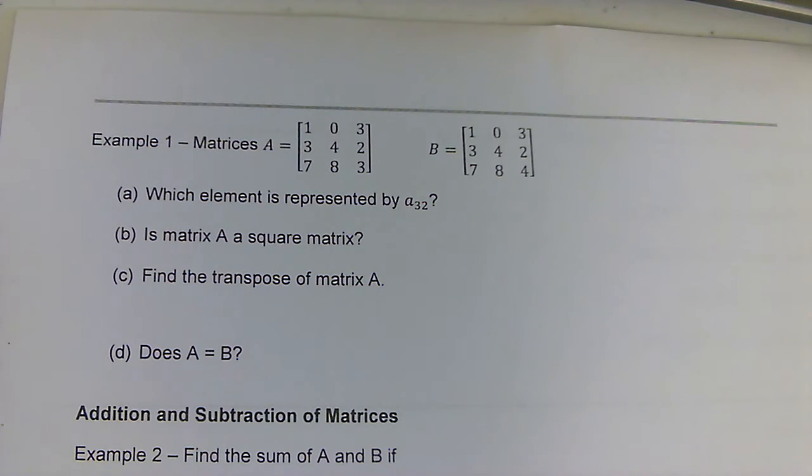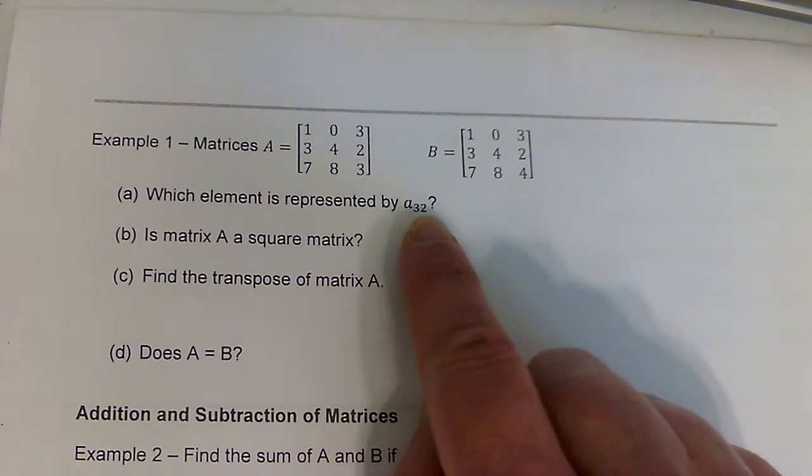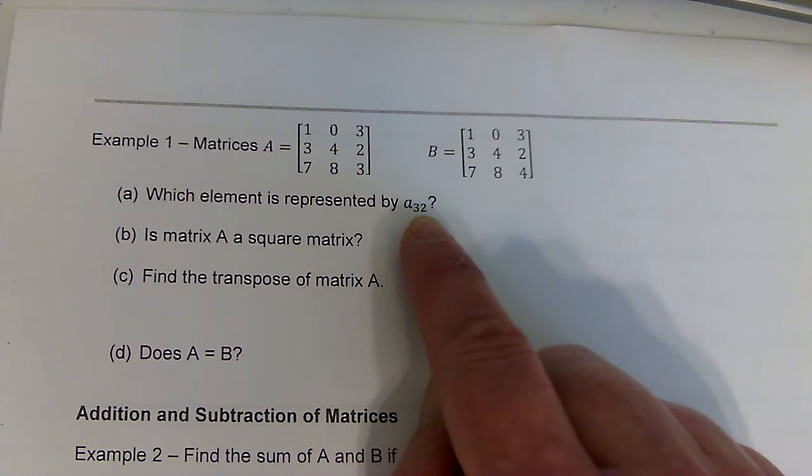Now, if we are reading a matrix and they're asking for one of the elements, like on this example, element A 3, 2. That means row 3, column 2.